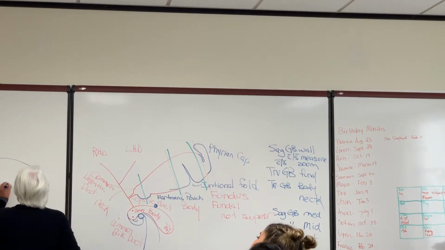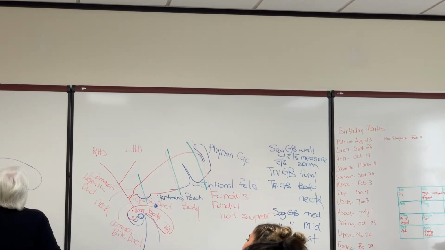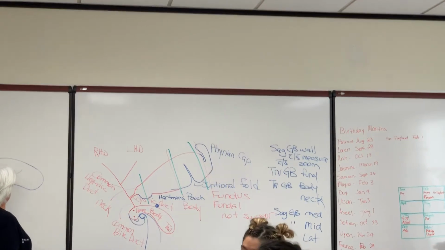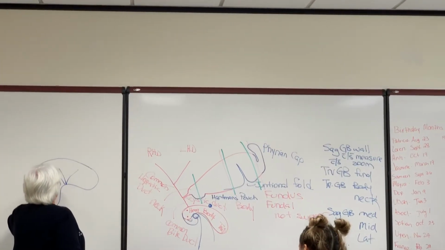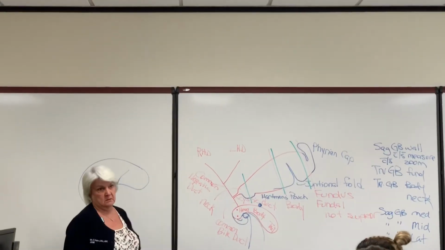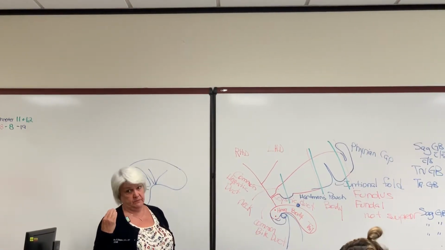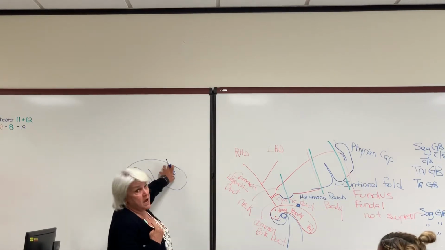Where I have my liver and here's my gallbladder. Okay? Here's my hepatic veins. Here's my portal system. Because I can throw it up any way I want it to. This is not acceptable.